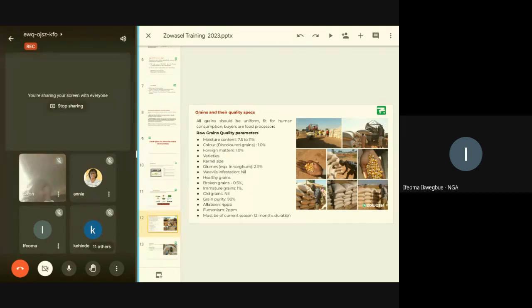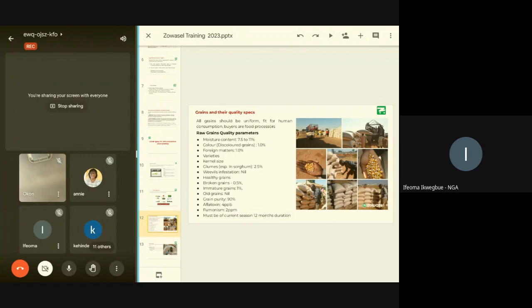Several crop commodities that are being supplied are processed into finished products for human consumption and for animal consumption. So it's quite important that suppliers take note of this and ensure that high quality crops are supplied to buyers.